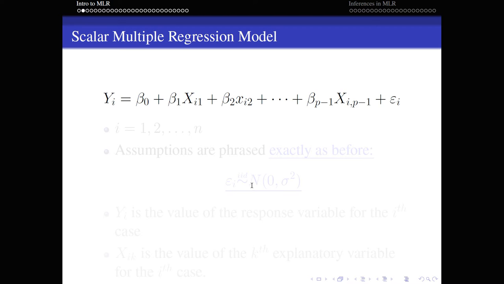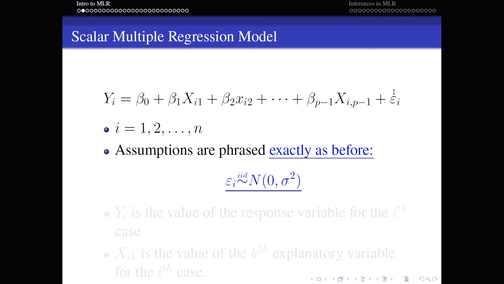So in the scalar multiple regression model, similar to what we just saw, we have y, we have all of our parameter estimates. Note that we use betas with our x values, and that we just increase the subscript of the beta as we add more independent variables to the model. We go up to p minus 1. And then we still have our error term for each of the i cases. i is still the number of cases from 1 to little n. The assumptions are phrased exactly like before.